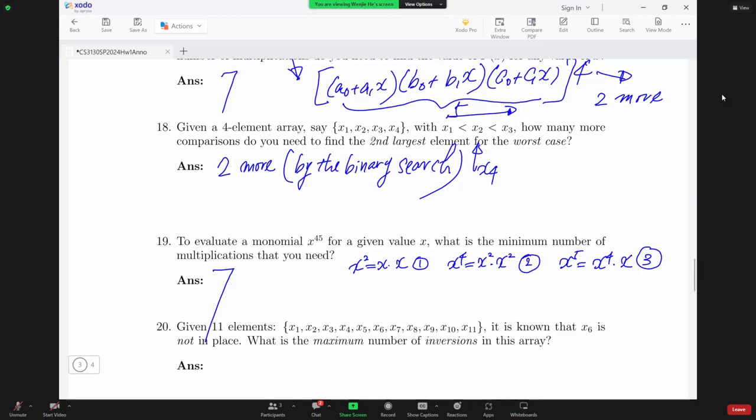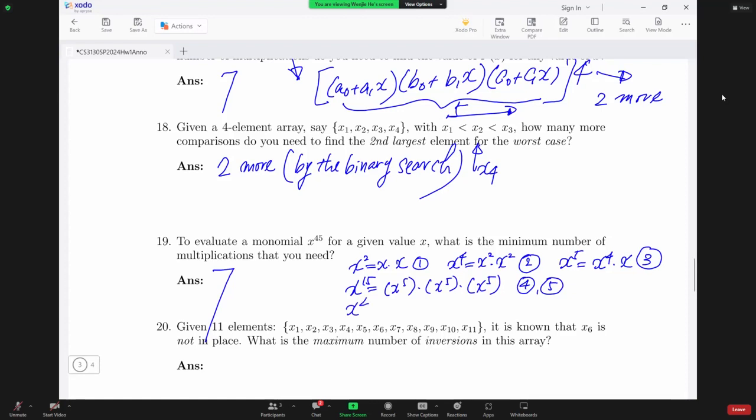Next, x to the 15th equals x to the 5th times x to the 5th times x to the 5th. 2 more multiplications, the fourth and fifth.